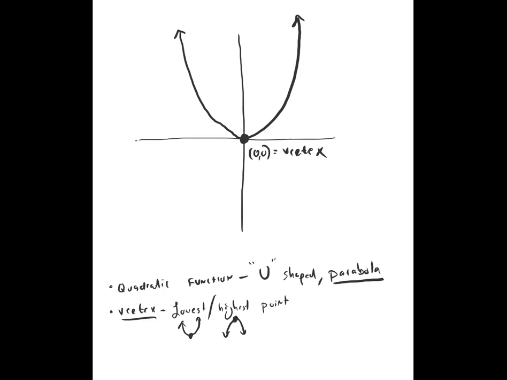It also has the axis of symmetry. This axis of symmetry is an equation which will always be x equals the x value of the vertex.